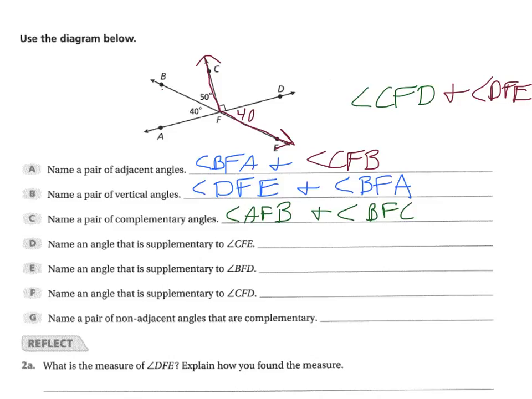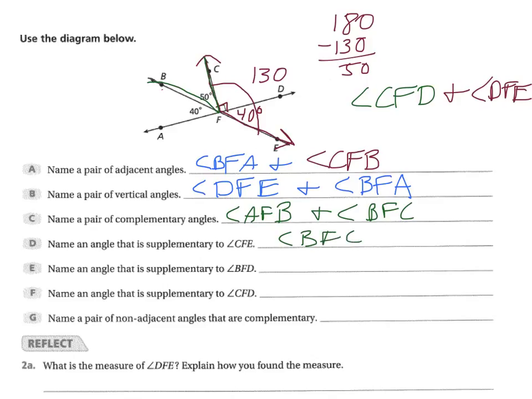This is 40 degrees because they're vertical angles. So 40 plus 90, that means the measure of this angle is 130 degrees. Supplementary would be 180, so we need a 50-degree angle, which BFC is 50 degrees. So angle BFC is my answer.